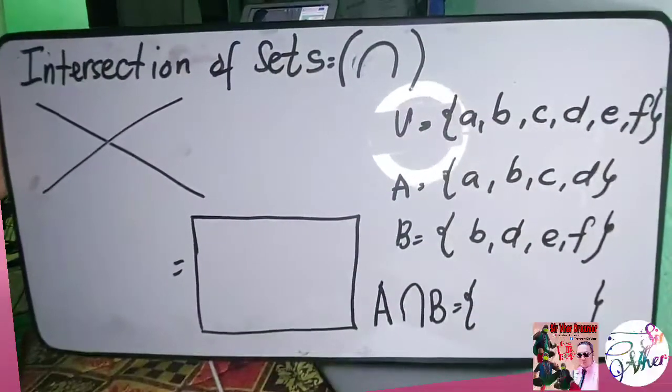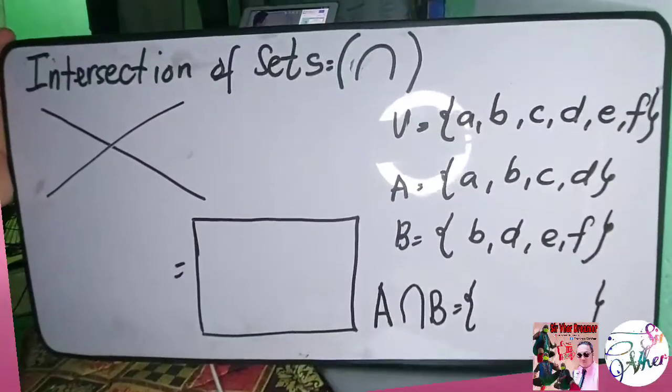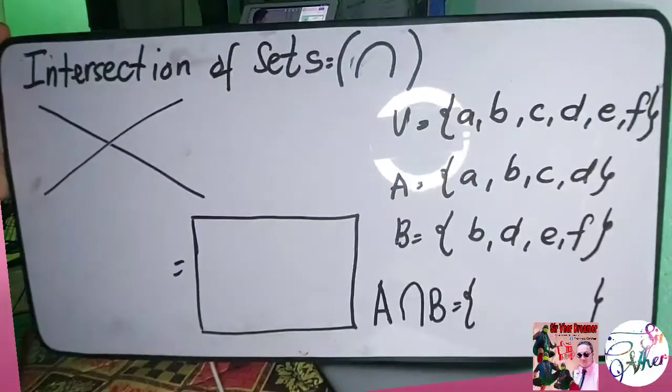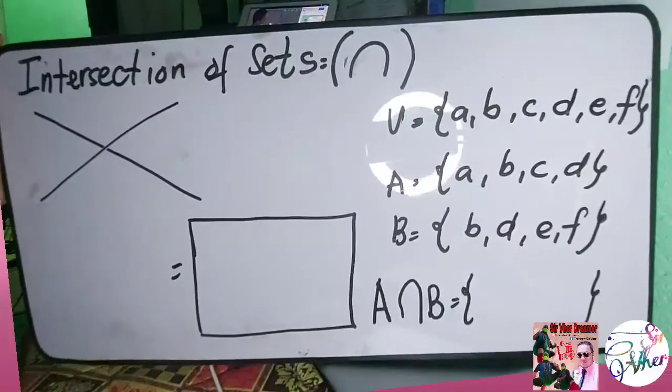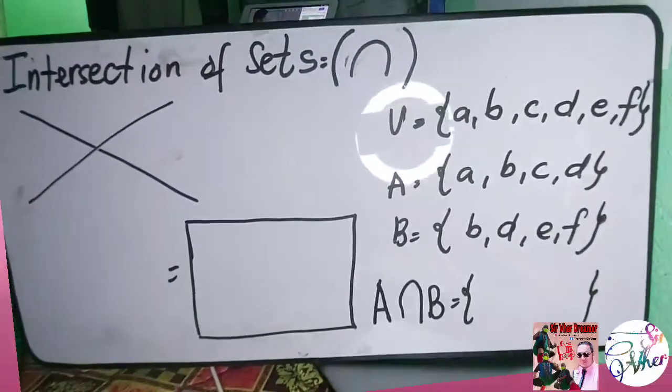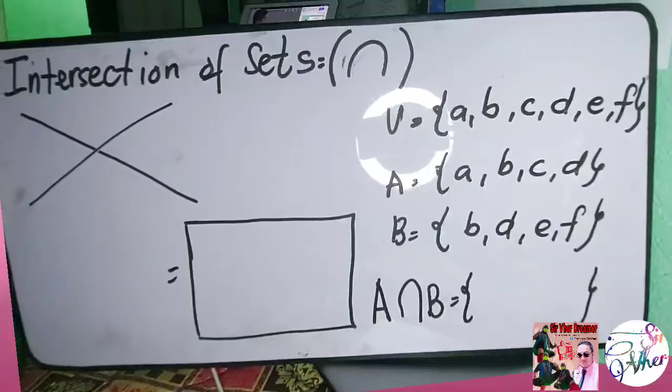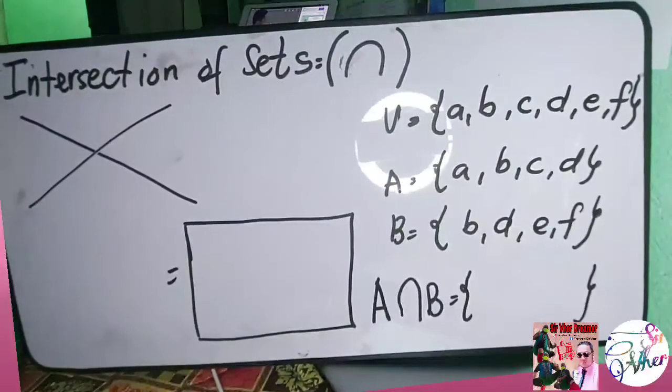Okay, let's proceed to the next. Intersection of sets. This is the second one. Let's first elaborate on intersection. For example, there's a way going to your friend, and another way to another friend. You're going to go to your friends at the same time.